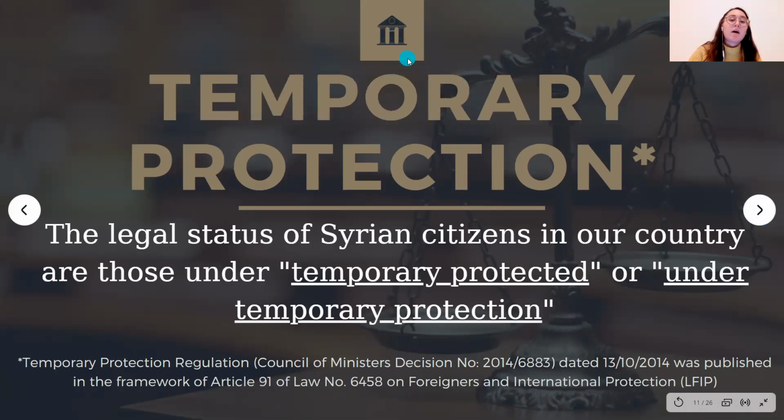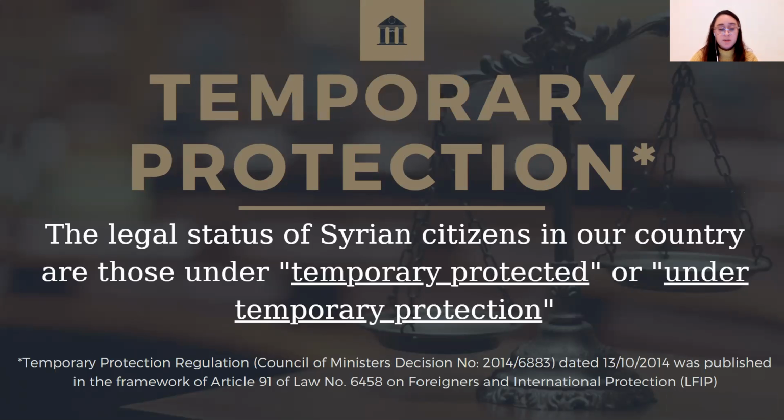Besides, let's go over this one. We have come up with temporary protection, which is basically the status that we came up with in Turkey for the Syrian civil war crisis. Actually, there wasn't any term called temporary protection in Turkish law until 2013. It was applied for then, and the decision was made in 2014.